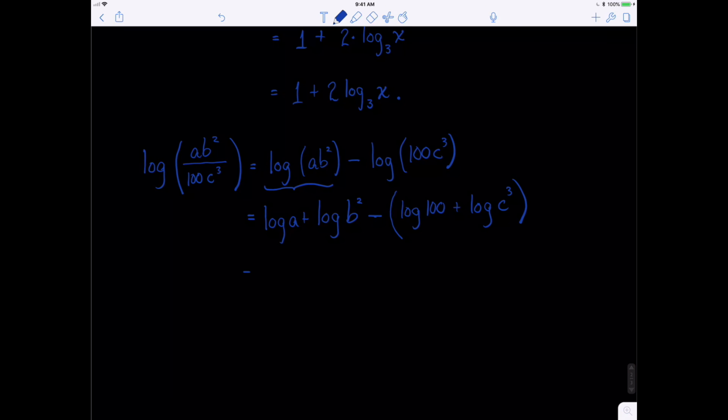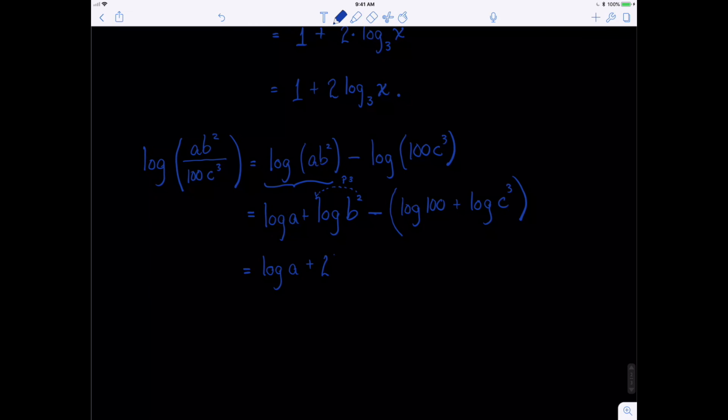Okay, now let's do another step. I can write this as the log of A plus, we can move this 2 out in front by property 3, so this becomes 2 log B minus, now if you don't write a base and we write log, remember that it's implied to be 10.